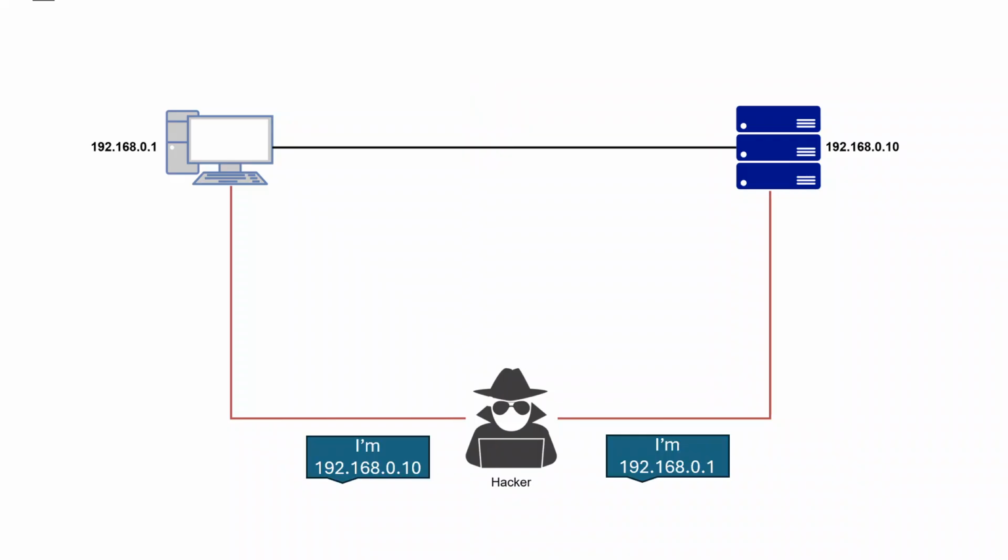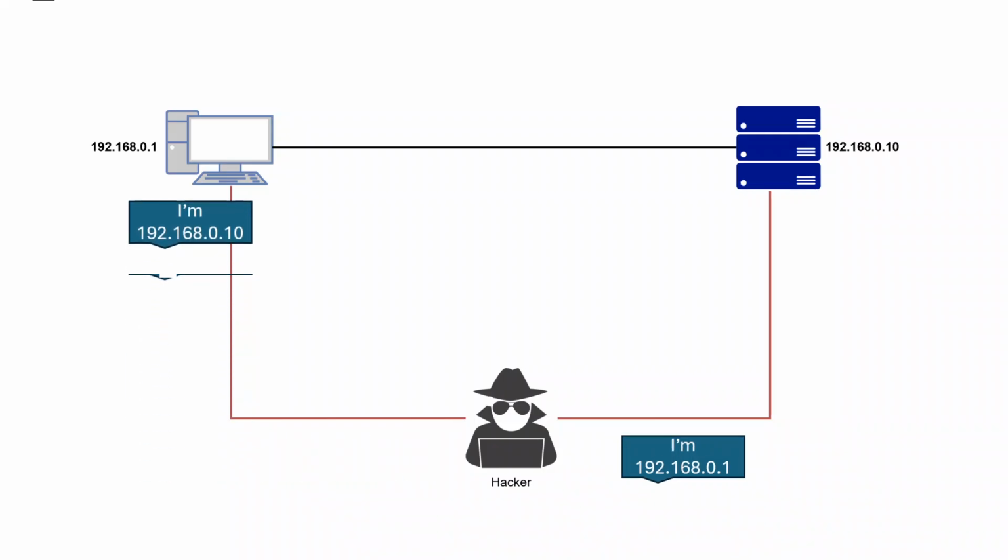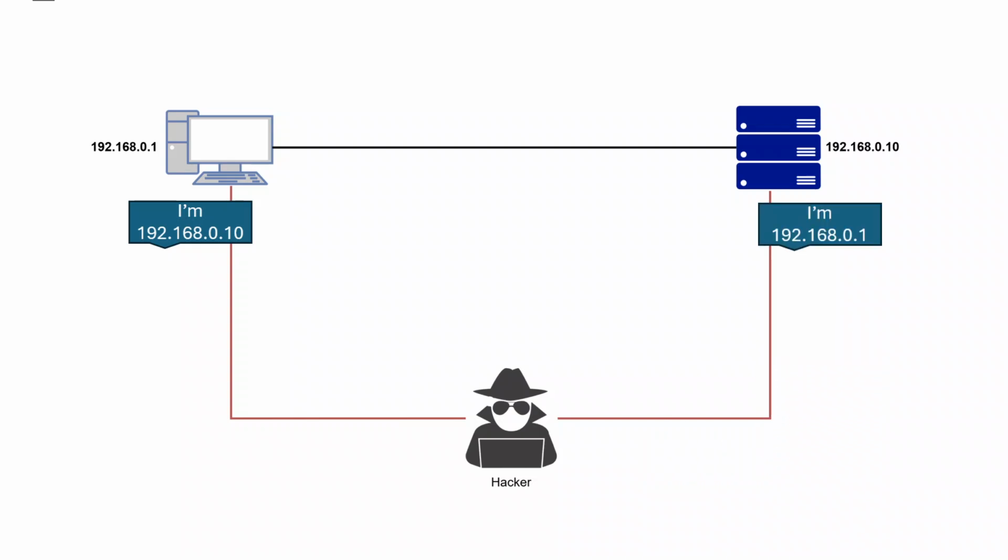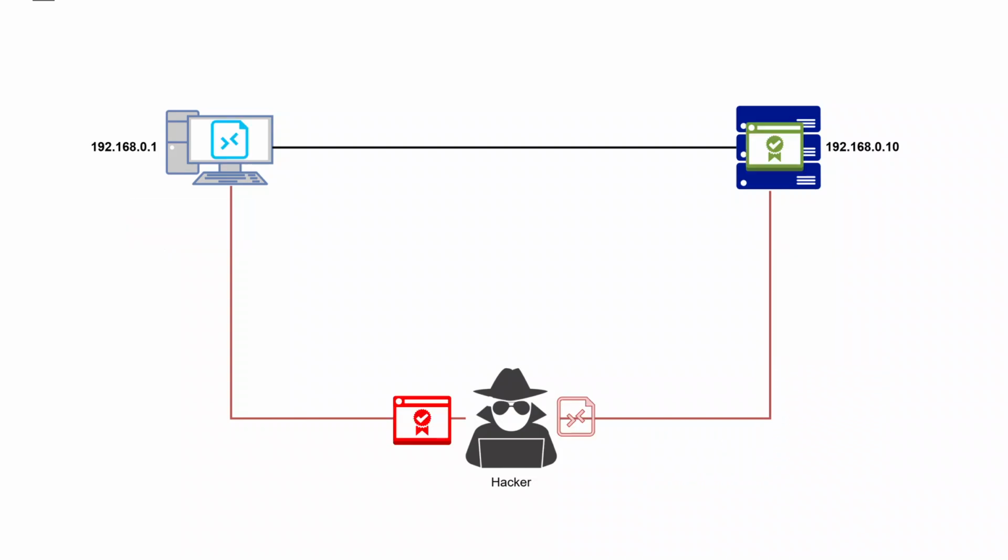If a hacker manages to position themselves in the middle of the communication between the client and the server, effectively impersonating both, they can manipulate the connection. The client, believing it is communicating directly with the server, will initiate an RDP session with the hacker, who then relays the request to the actual server.